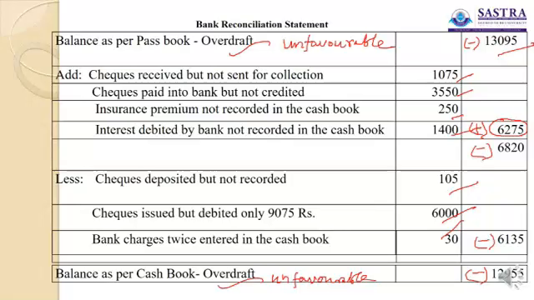The checks paid into bank not credited to the extent, and checks issued debited only to the extent, and bank charges twice entered in the cash book. And all others are very similar to the transactions we saw earlier. We shall go to the next.